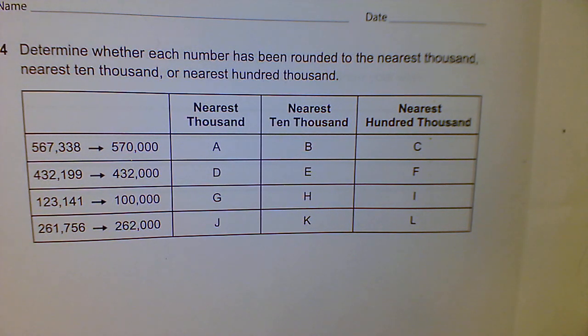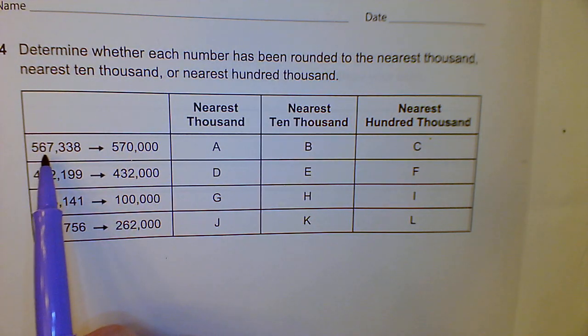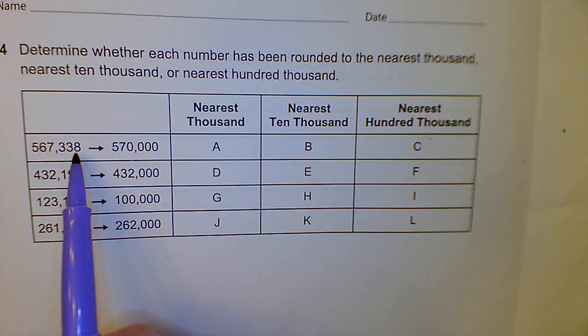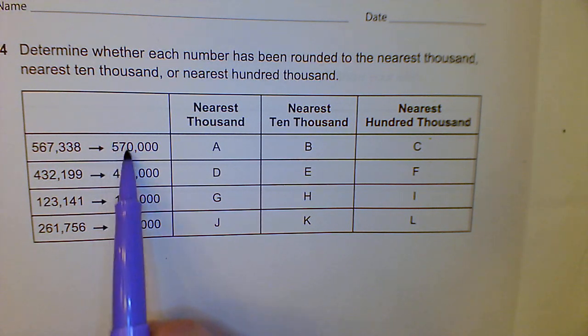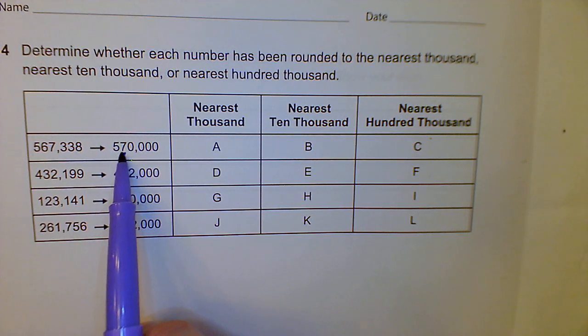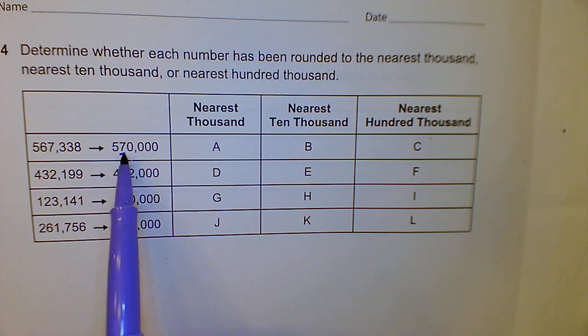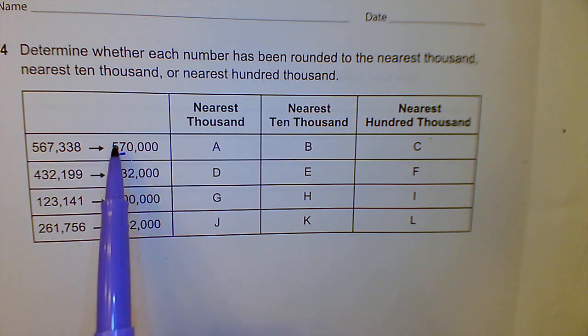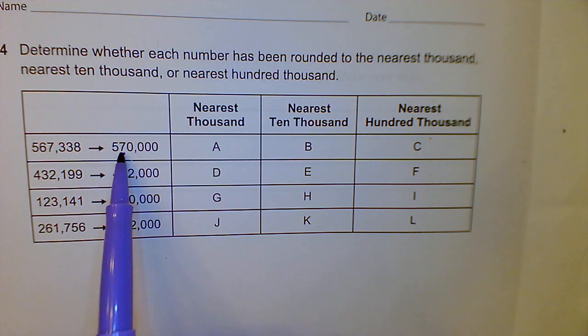So here's the shortcut. If I'm looking at this number, 467,338, and it was rounded to 570,000, I can just look at what place value it was rounded to by looking at where that last digit is. This is the tricky one, but where that last digit is. And if I look at this, what I can see is that the last place value is in the 10,000s.